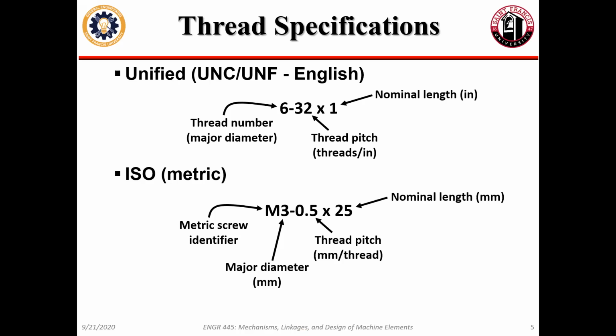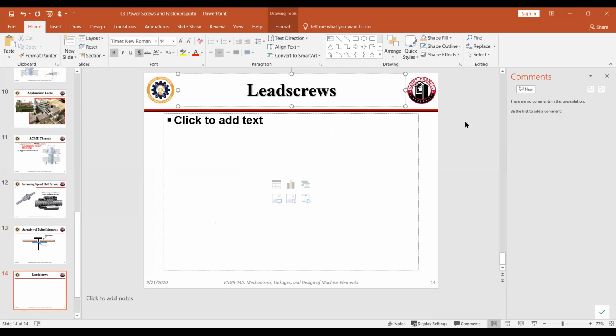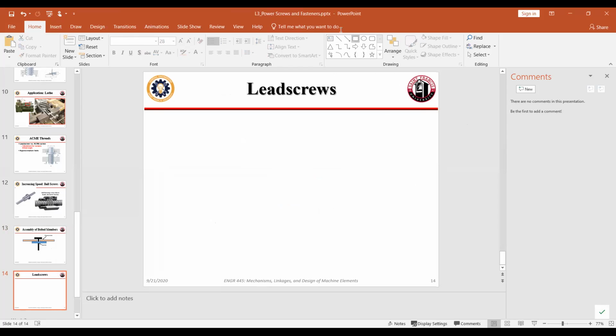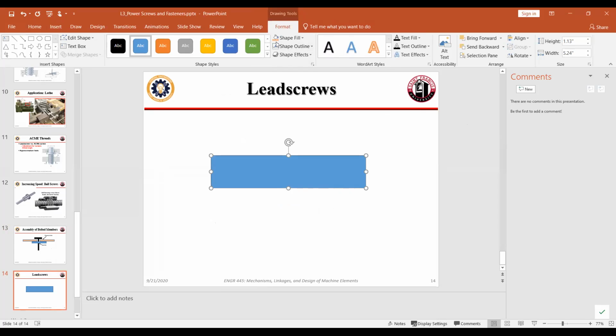So I can have a 3/8 12 screw that has a helix that looks something like this, and I have 12 of those per inch. Look at that beautiful screw thread.